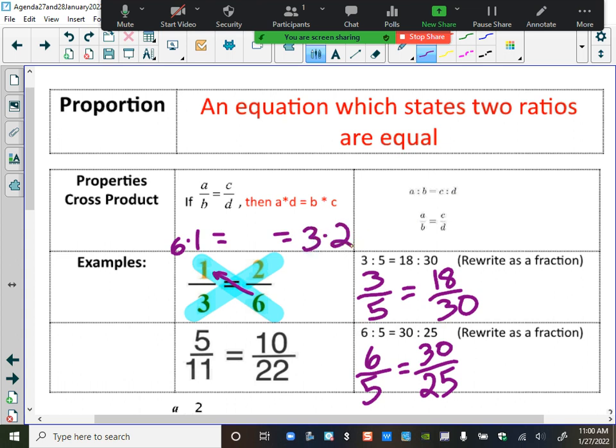What's 6 times 1? 6. What's 3 times 2? 6. All right, did the crisscross products work? Okay. That's how you check. This is a check.